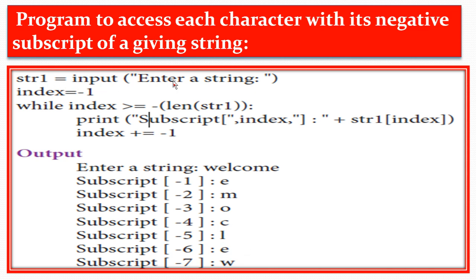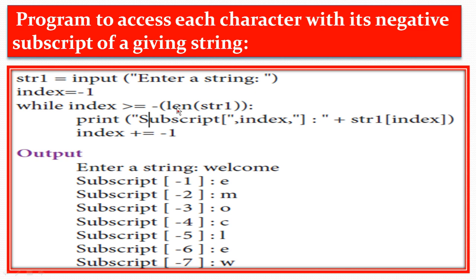Here we are getting the value from the keyboard by using the input statement. The index value starts from minus 1 in the reverse order. The end value is obtained by the len statement. The len of str1 indicates 7. For welcome, the length of the string is 7.